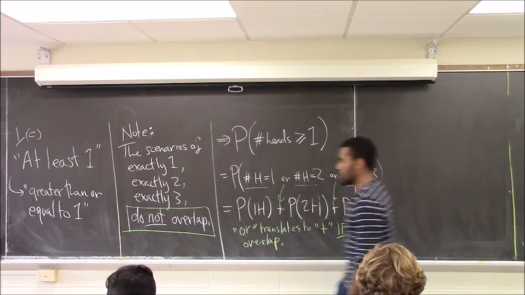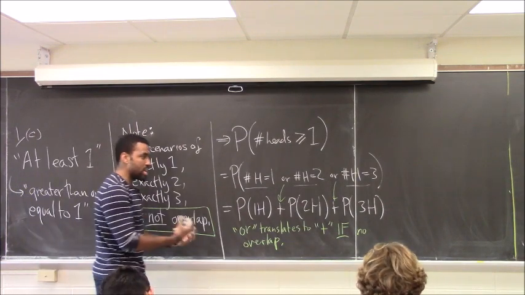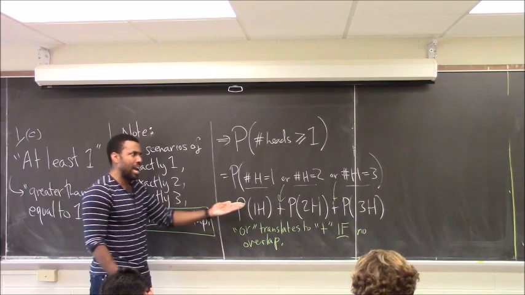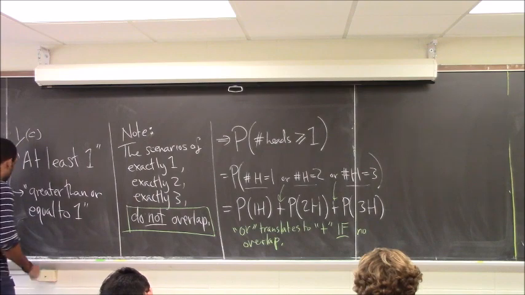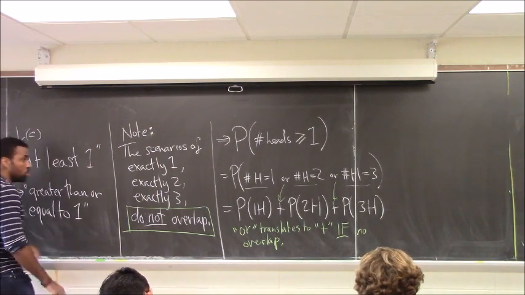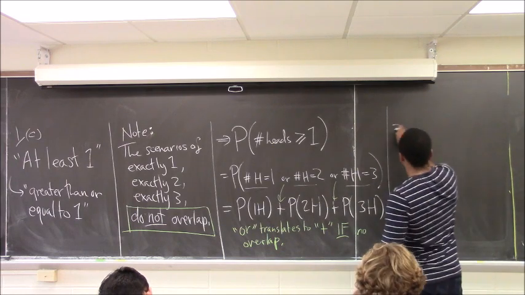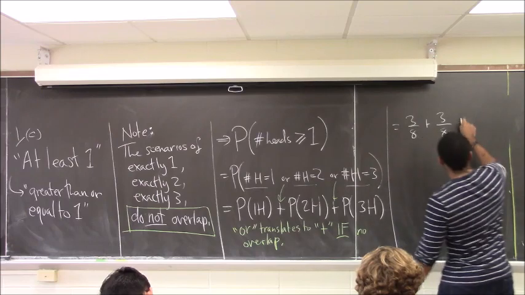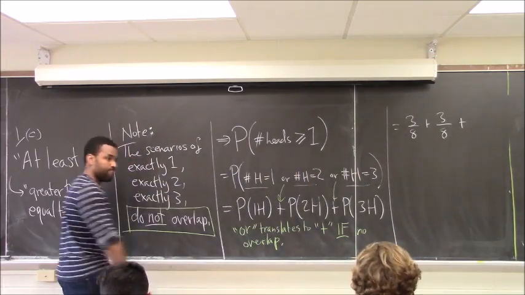Okay. So if I talk about any one of three situations that can happen, and you can't have two of them happening at the same time, I can't have exactly one H and at the same time have exactly two H's, right? So I can add the probabilities. Now the first two we actually found. That was 3 out of 8, and that was 3 out of 8. The last one, how many ways can you get 3 heads? There's only one way.